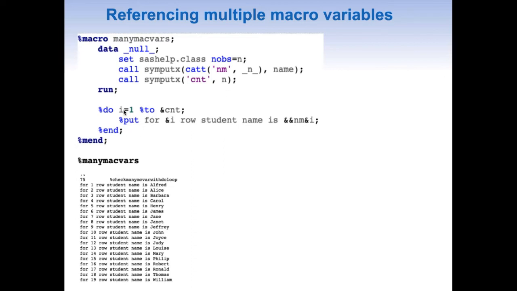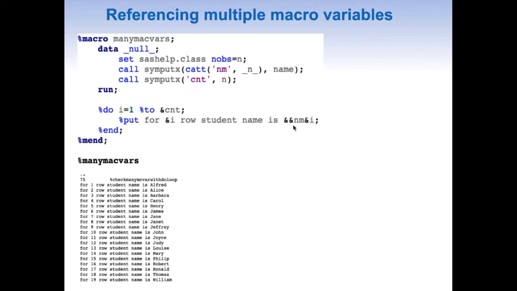And by using the %put statement, we are going to access these macro variables by writing &&nm&i. And this kind of reference in which we use multiple ampersands is known as indirect reference. And I have made a video on this topic also, and I will give the link in the description below.